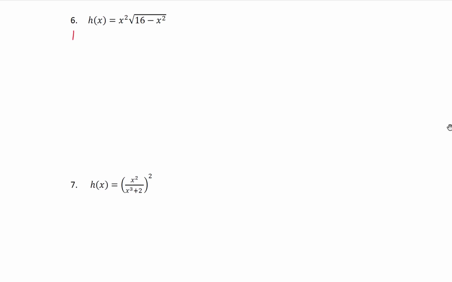So h prime of x. Product rule tells us first function, which is x squared, times the derivative of the second function, so times the derivative of the square root of 16 minus x squared. Now this is where we've got to use that chain rule. Remember, if we rewrite our original h of x as x squared times 16 minus x squared to the 1/2 power.